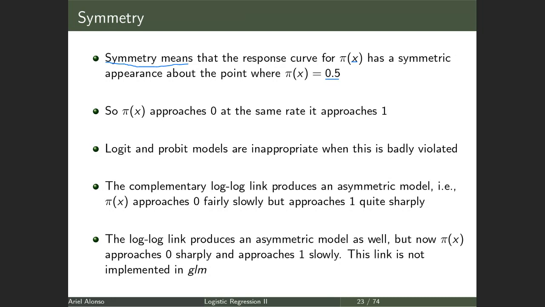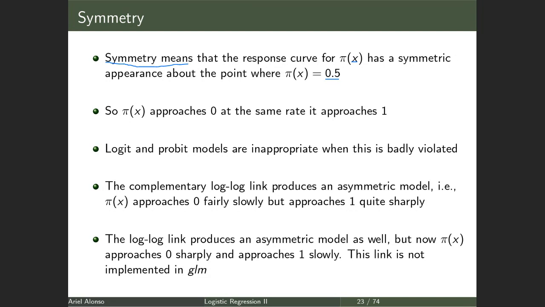And that doesn't have to be the case. Increasing the dose may increase the probability of toxicity much faster than decreasing the dose will decrease the probability of getting sick. This curve may go to 1 and 0 at different speeds. If you use the logit model or the probit model, you're assuming that they go to 0 and 1 at the same rate.